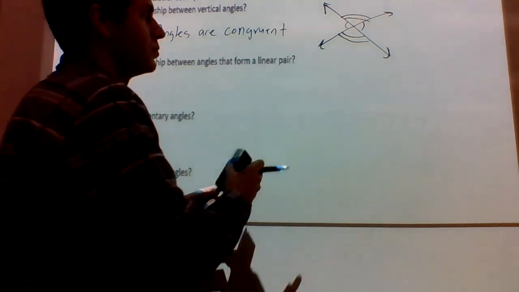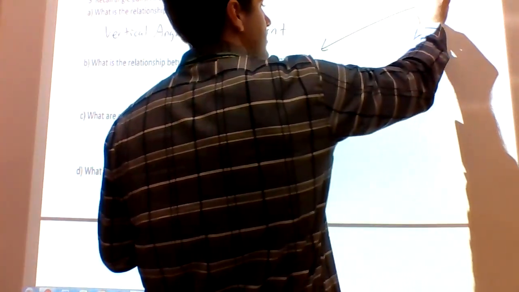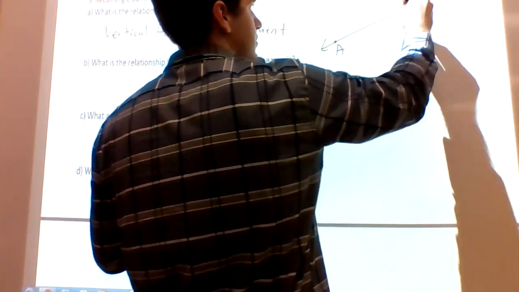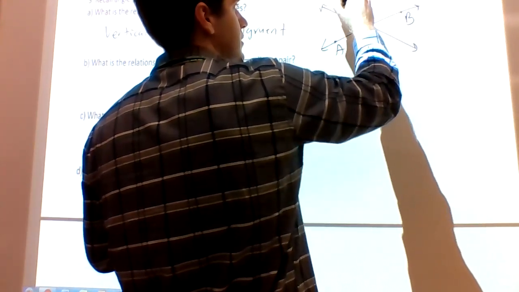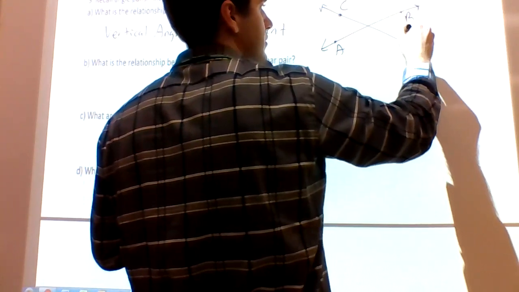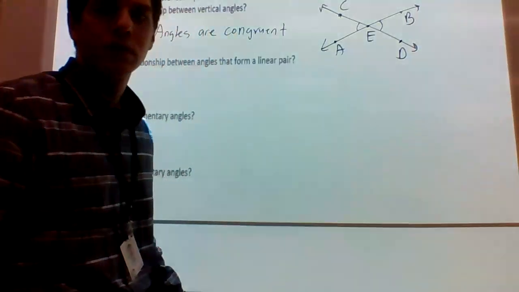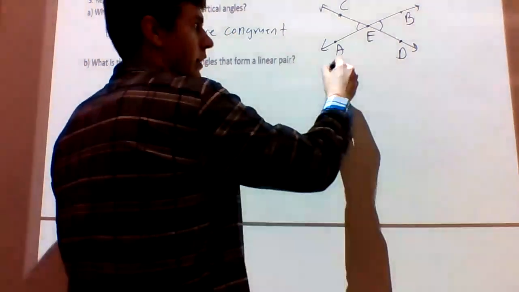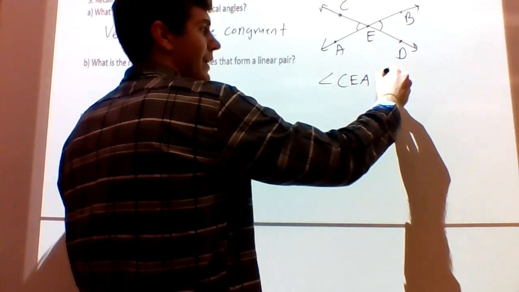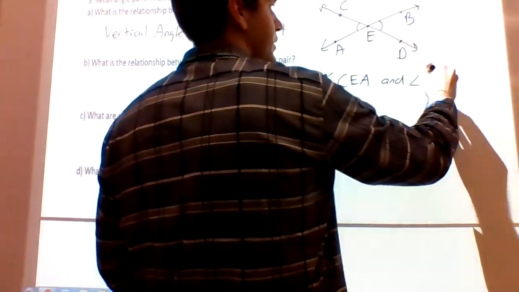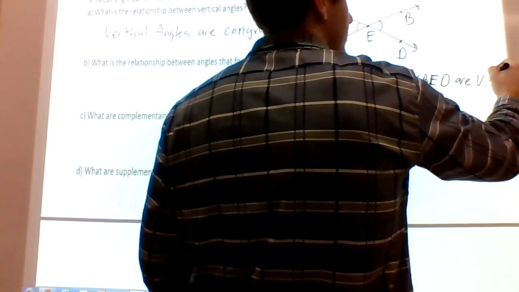So if we wanted to put angle names on these, here's line AB, here's line CD, and they intersect at point E. Our pairs of vertical angles are going to be angle CEA and angle BED are vertical.